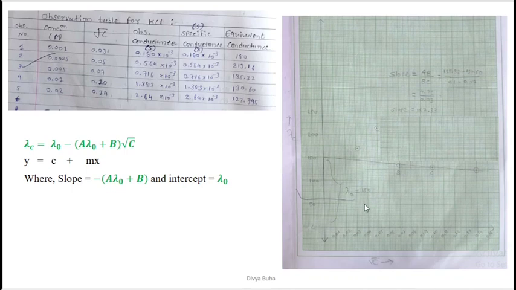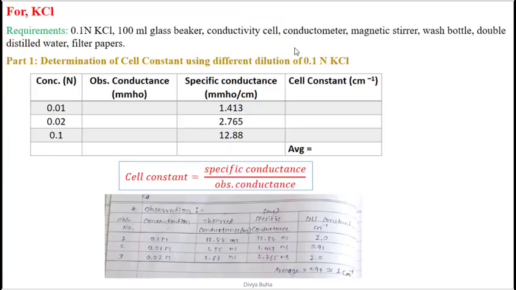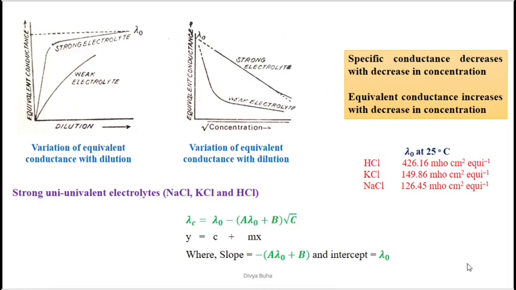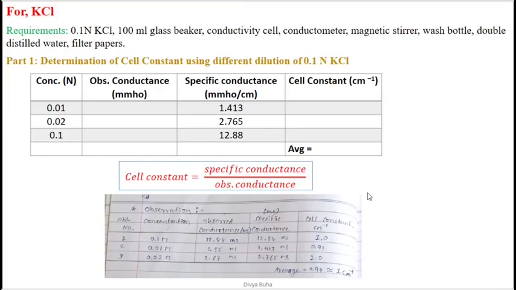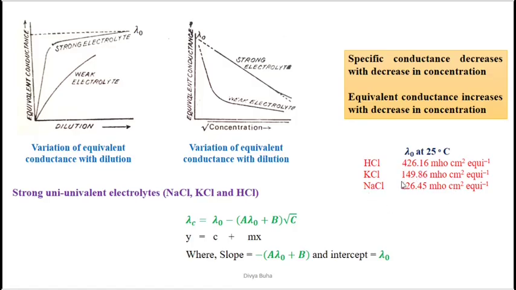Now we have taken KCl. So let us see the standard or the reference value which is being given for KCl. It is 149.86, and the answer which we are getting is 150, right? So it is almost the same.